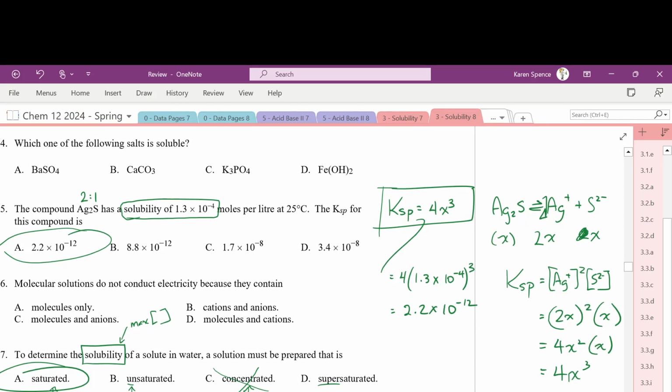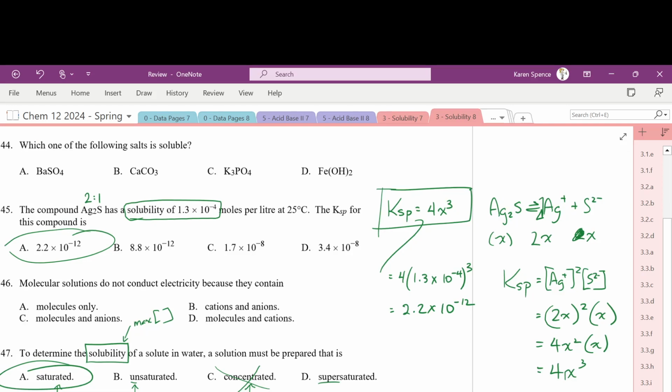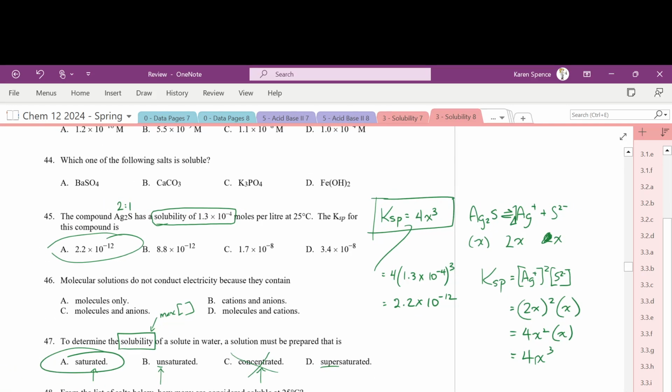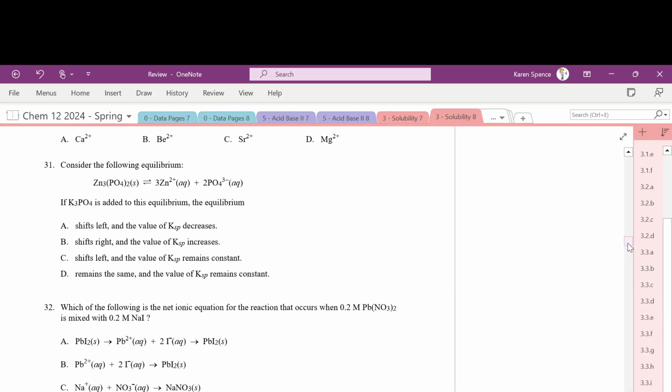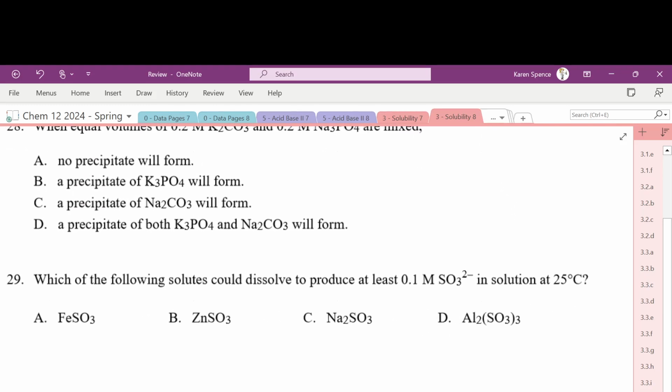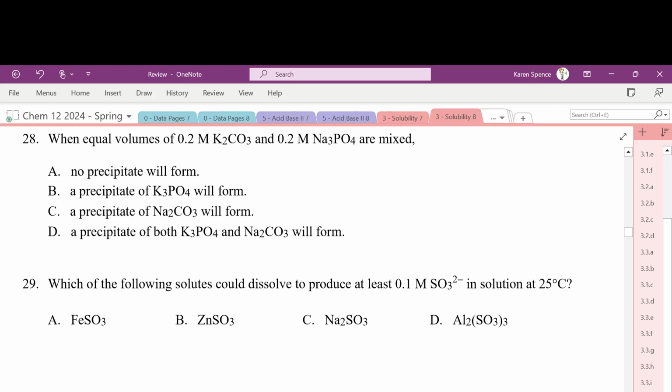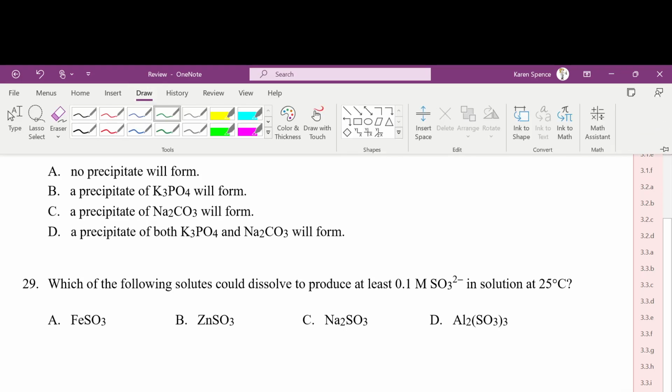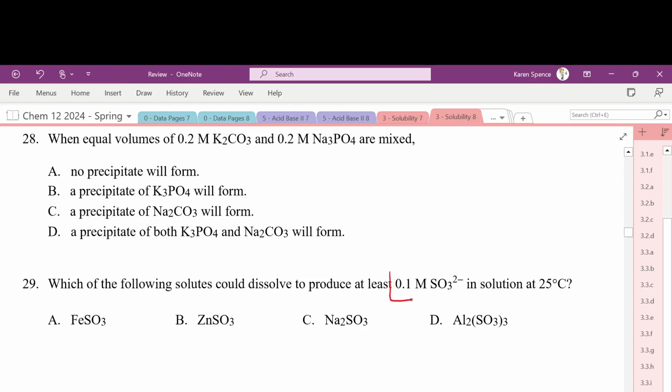Yes. 29. Okay. Which of the following solutes could produce at least 0.1 molar?